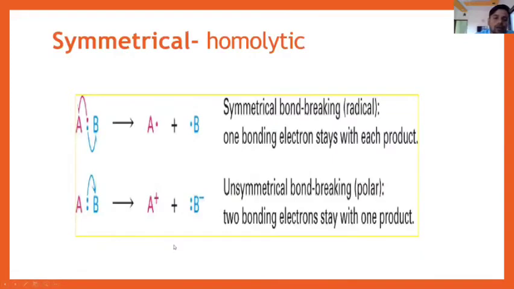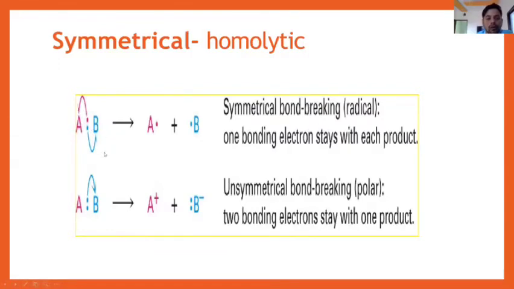So first of all, let us see the homolytic bond cleavage, also known as symmetrical cleavage. Suppose this is a molecule AB, in which one electron is given by A and another electron is given by B. When there is a homolytic, that is symmetrical, cleavage of this molecule, what will happen? One electron will go this side, another electron will go this side.